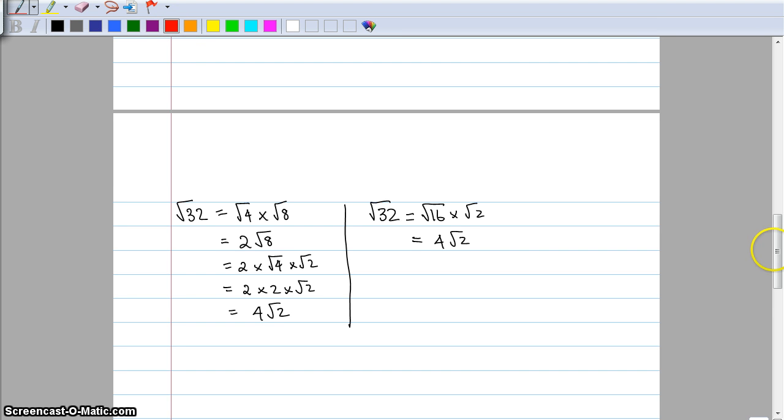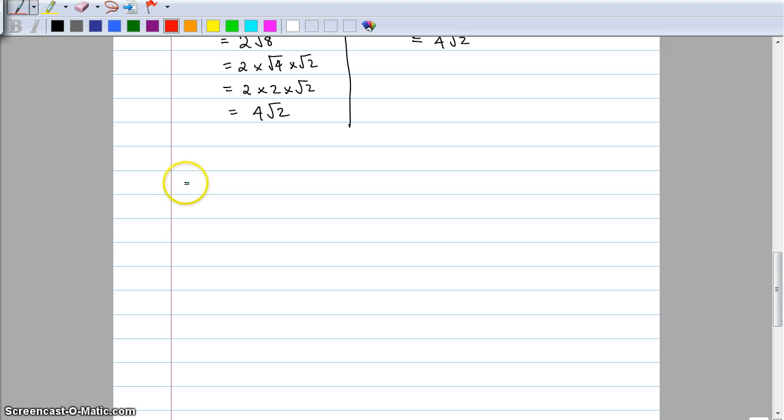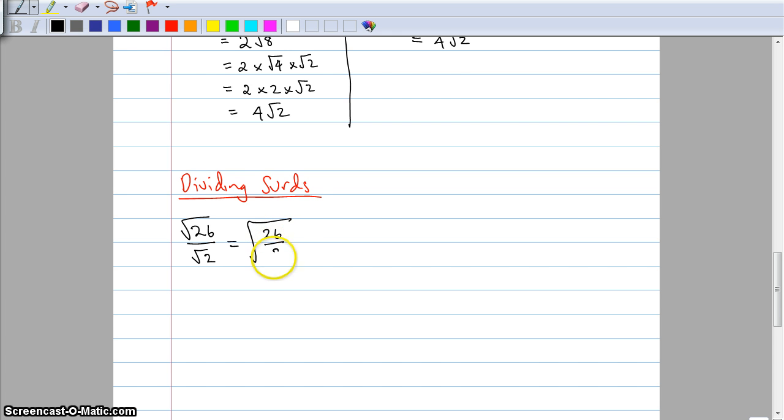Okay, now I want to talk to you a little bit about dividing surds. Dividing surds, here we go. Okay, so imagine we have the square root of 26 divided by the square root of 2. That can be written just like with multiplication. We can put it all under the one square root. That can be written as the square root of 26 over 2.